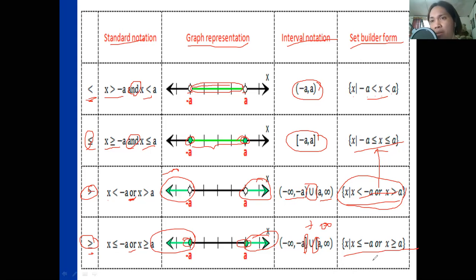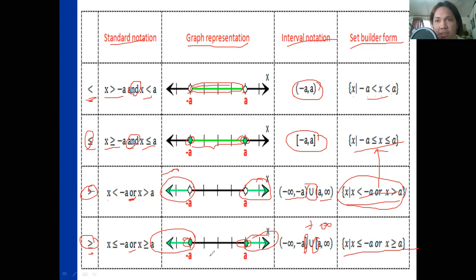Okay, please always remember, you can only rewrite the two solution sets as one solution set, or compound inequality form, when you use the preposition and, or if there is an intersection between the solution sets of the two given sets. For example, negative a and a.